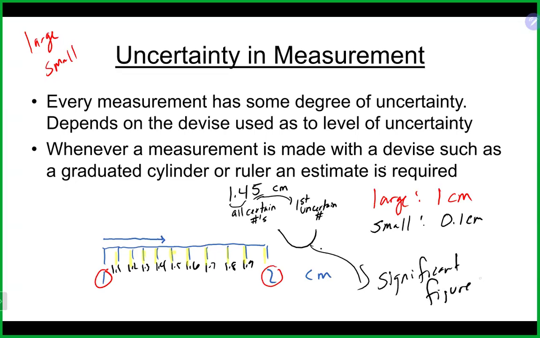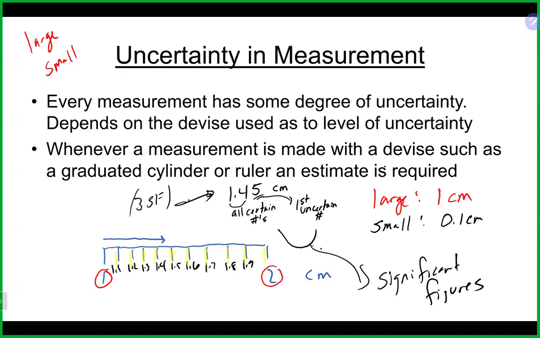This measurement that I just took has 3 significant figures. So significant figures are when you take a measurement and record all the certain numbers plus that uncertain number. You will record all the significant figures that you need.